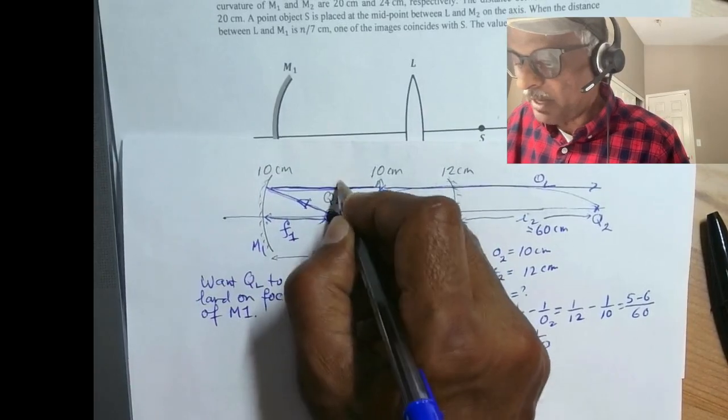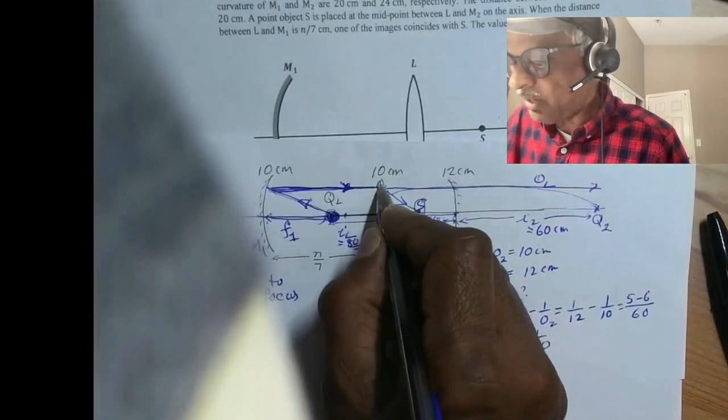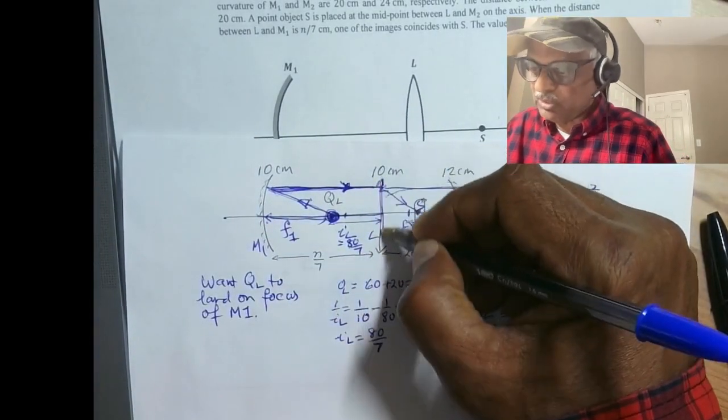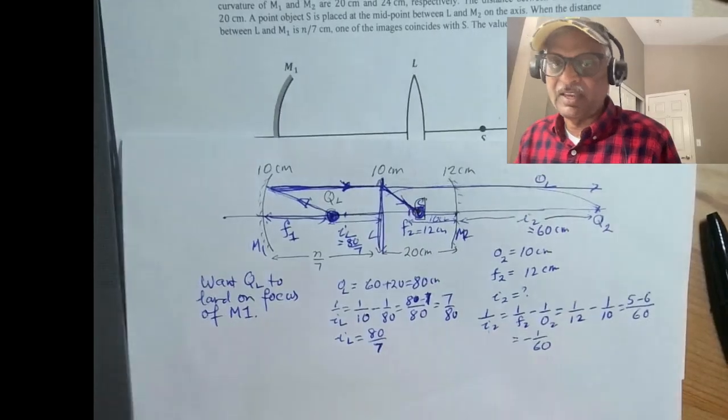Once it is at the focus of mirror 1, the rays will be parallel to the axis, and when they return to the lens, they form the image right on top of S.